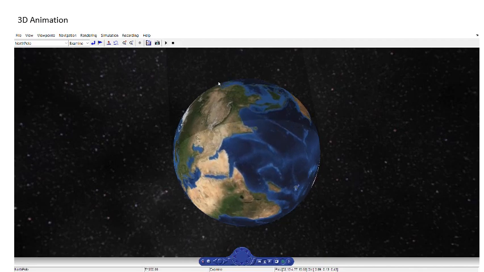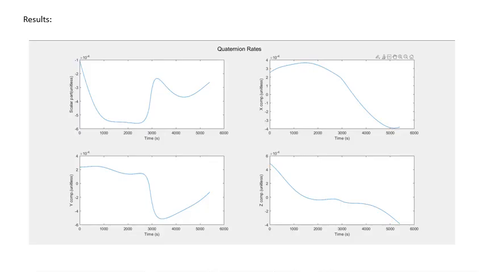And we wrote a MATLAB code to get the rate of change of quaternions and Euler parameters, and these were the results which we got.